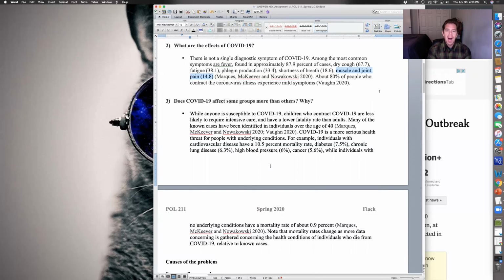And so the higher number of cases in individuals over the age of 40 could just be a function of, and we'll get into this, older members of the population having a higher likelihood, right, of having serious health-related issues related to COVID-19.